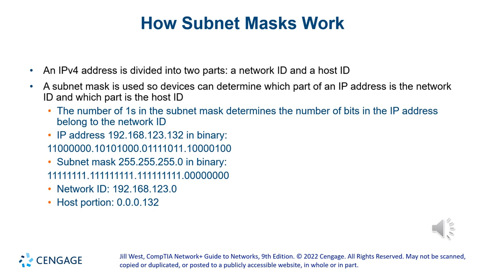My network ID is 192.168.123.0. On the subnet mask, I call my zeros my don't cares. I don't care what they are, because whatever they are, it's still going to be part of my network. So if I match those, that means that the host portion is 0.0.0.132, because your network is already known, 192.168.123.0. And from that, you have a unique address assigned to you, which is the 132.